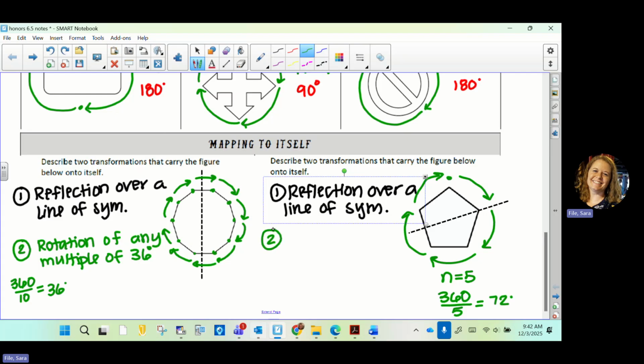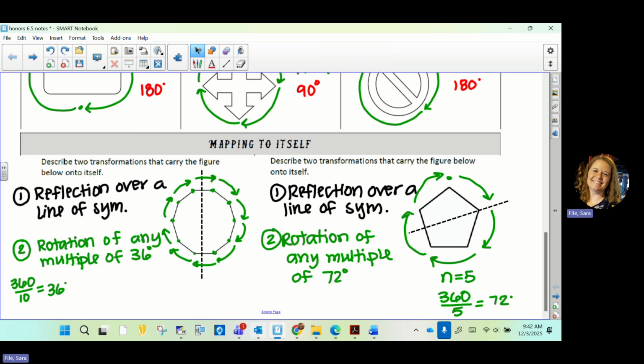So you could rotate a rotation of any multiple of 72 degrees, and that would map it onto itself. So both of these images, because they were regular, had both reflectional and rotational symmetry.